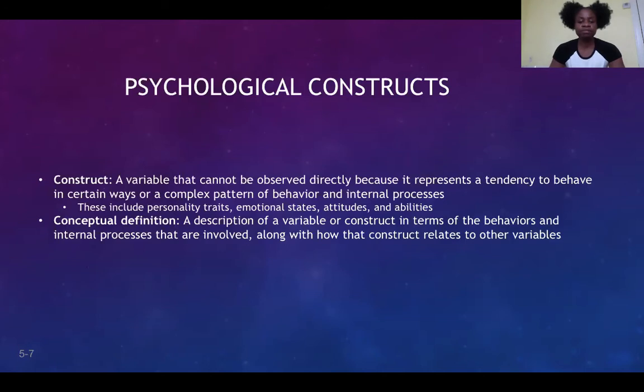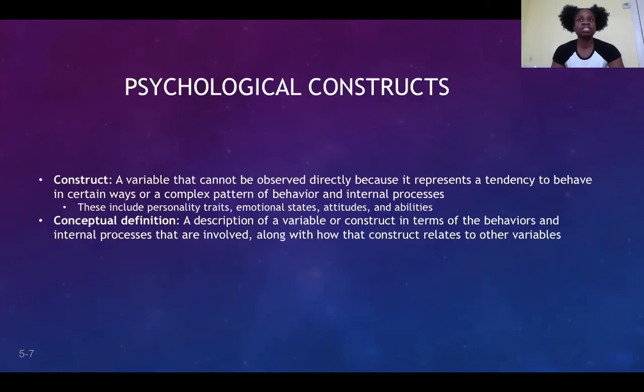Some variables can be very difficult to measure because they cannot be directly observed. These are called constructs. Constructs include personality traits, emotional states, attitudes, and abilities. They often represent tendencies to think, feel, or act in certain ways. They also involve internal processes and are not obvious to outside observers.